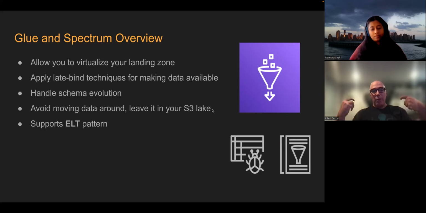Basically, we're gonna apply what is referred to as a late bind technique to making your data available. And what does late bind mean? That means that you may be providing your end users the view that they want, but you haven't done the pre-processing. The processing is done in real time when they run queries.